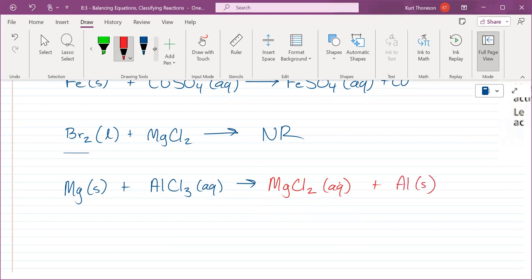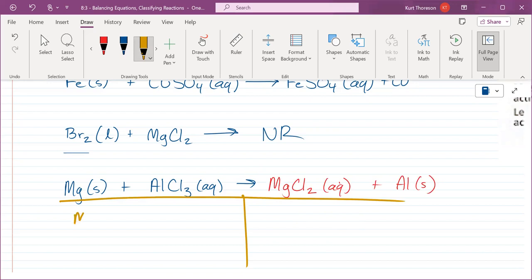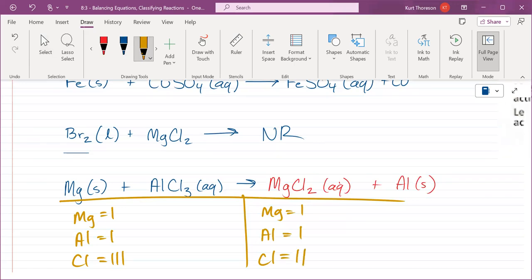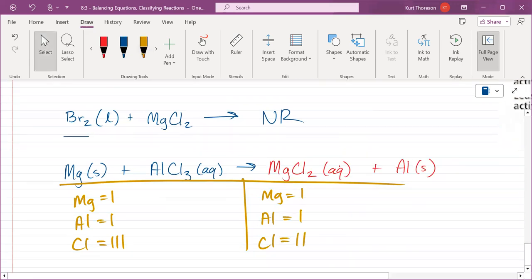But now let's get to balancing. Let's see what we got. We have magnesium, aluminum, and chlorine on each side: 1 magnesium, 1 aluminum, 3 chlorines on the left, and 1 magnesium, 1 aluminum, 2 chlorines on the right. Whenever you have a difference of 3 to 2, you need to get them both to equal 6.